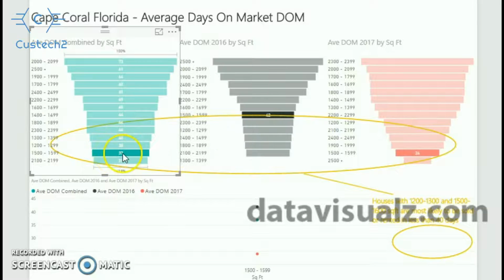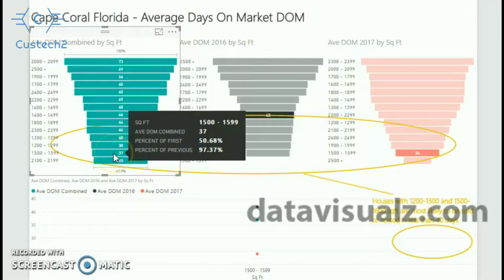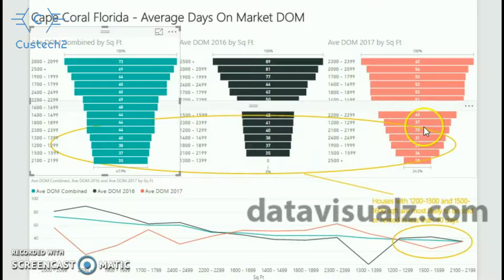Similarly, for 1500 to 1600, it was 42, and then in 2017 it was reduced to 24. So overall, you can easily see that there has been a decreasing trend for days on market for smaller houses, and they remain on the market for fewer days.